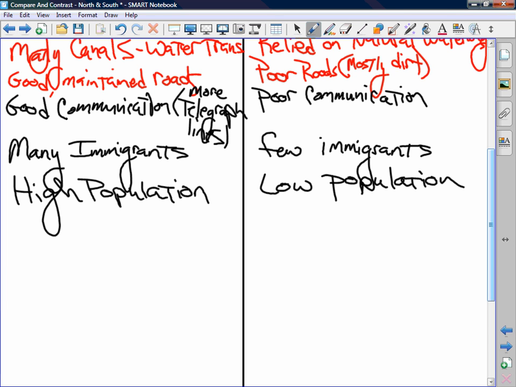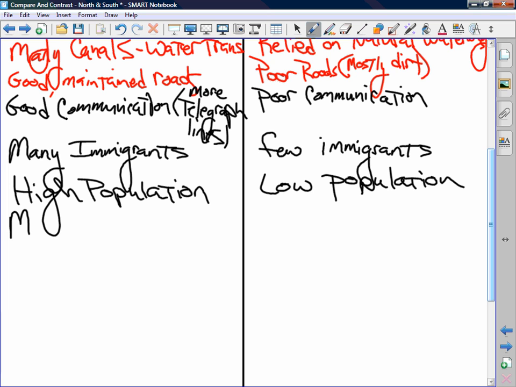And you can take that even one step further. Think about where those immigrants are going. Think about what's drawing those immigrants in. Hannah? Yes.